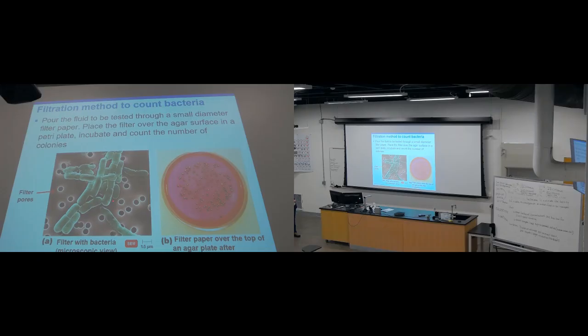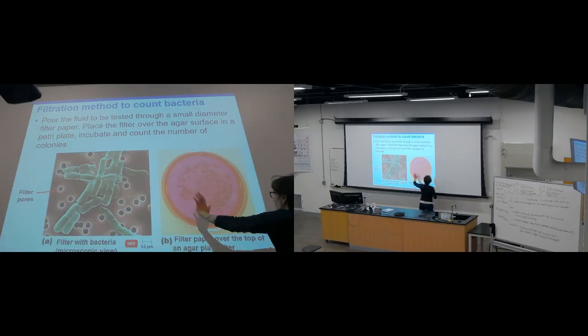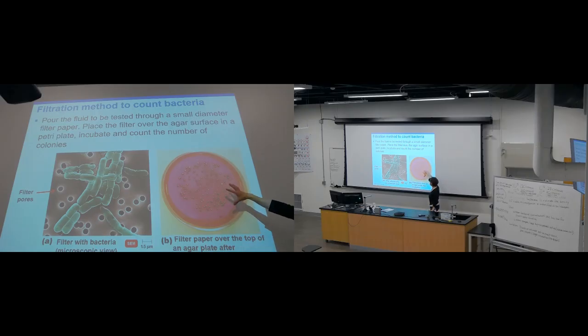And then you take away that filter and put it on top of a Petri plate, and then you let it grow for 24 hours. And if you see the growth of colonies, you start counting them, of course, and that tells you the number of bacteria that you have and the type of bacteria that you have.